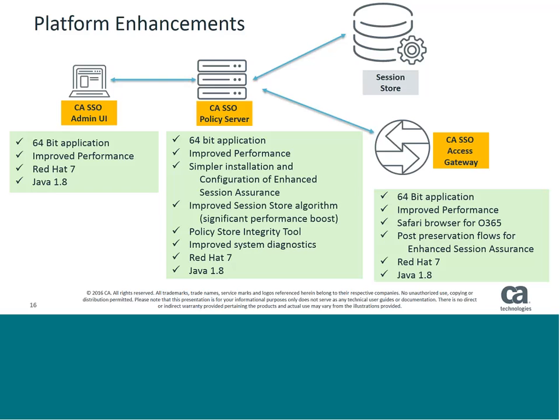So we've made some additional modifications with the 12.6 version of the Access Gateway that further improve your ability to protect user sessions. And then, again, the first implementation of Red Hat 7 and Java 1.8 support as well there.